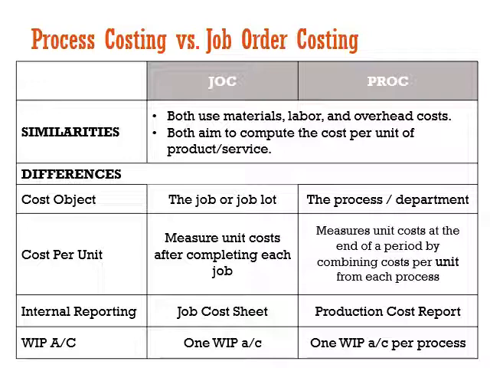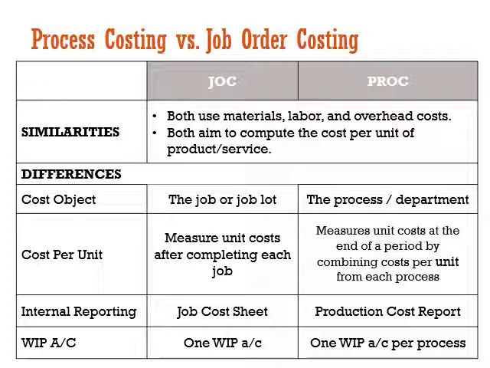In terms of cost per unit, job order costing measures cost per unit after completion of a job, determining the cost per job. For process costing, it measures unit costs at the end of a period, such as a month, by combining costs per unit from each process. In terms of internal reporting, job order system uses job cost sheet as we have seen in previous discussion.